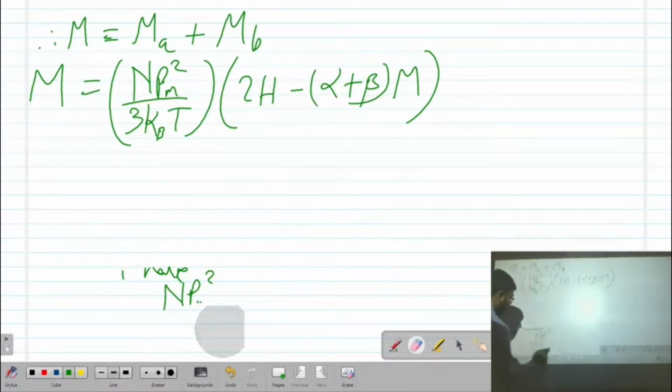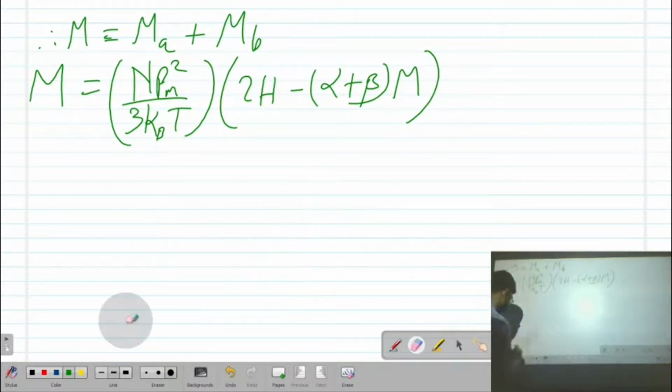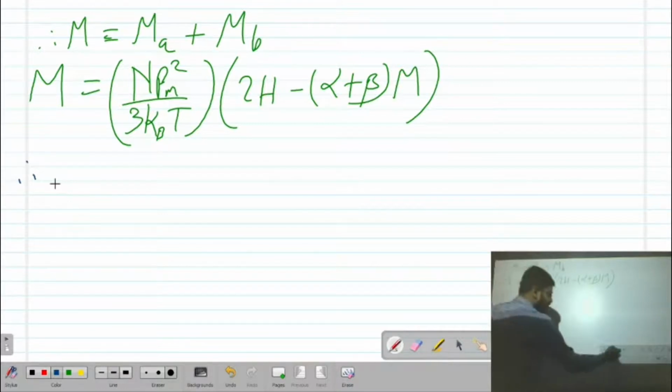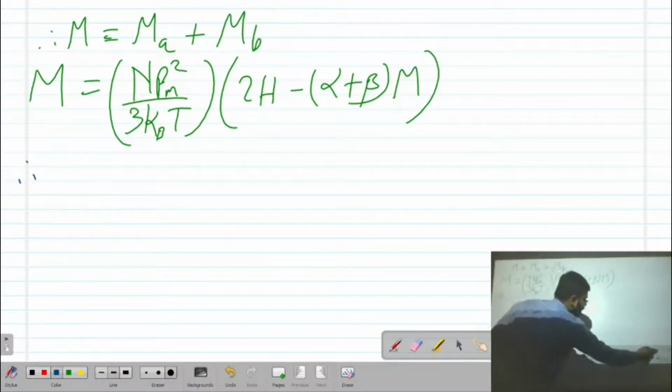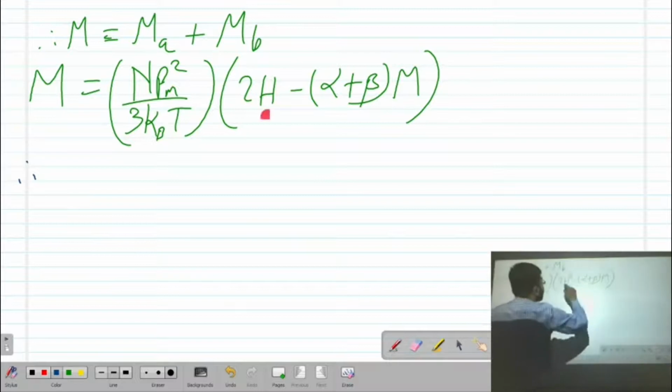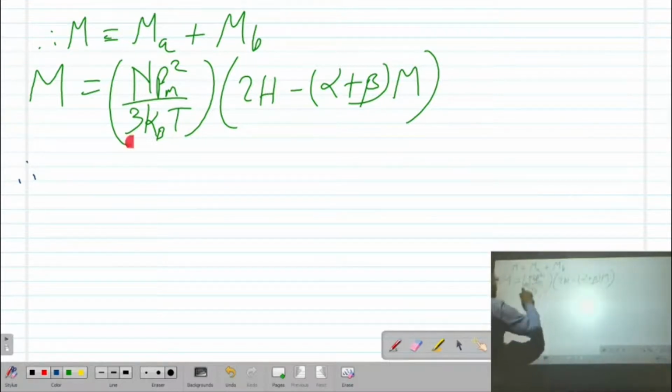Moving ahead, we will multiply this term with both of these, and take this part to the other side.